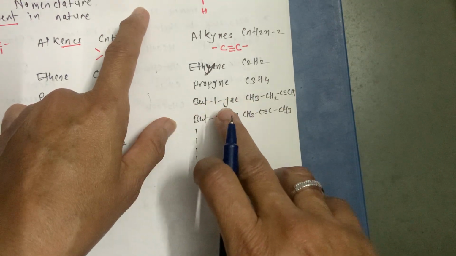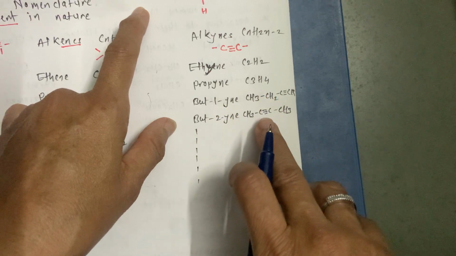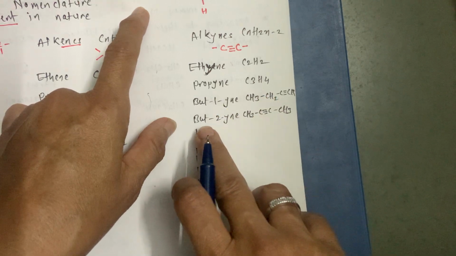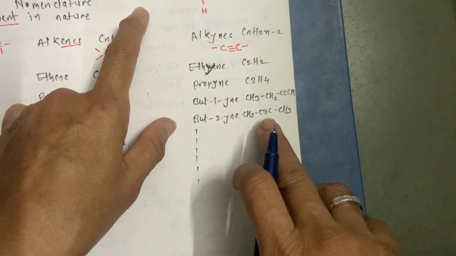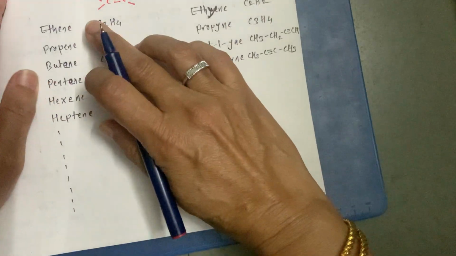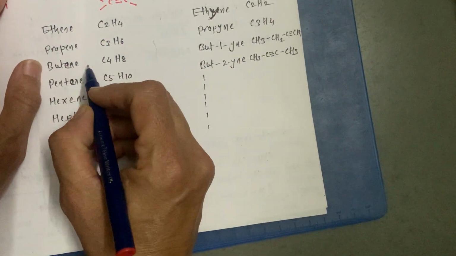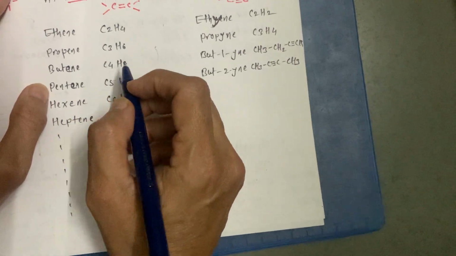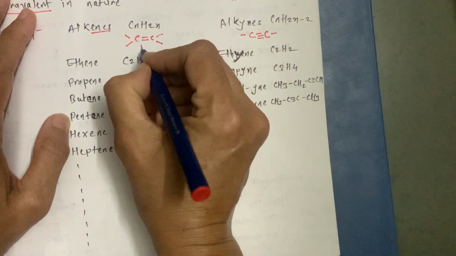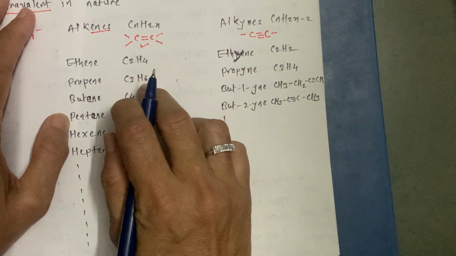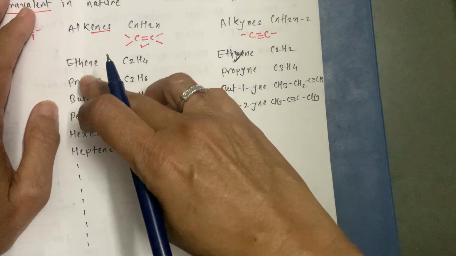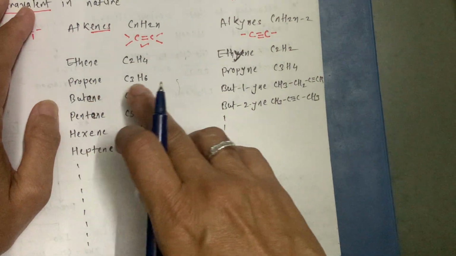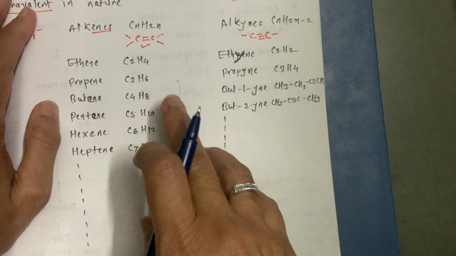So it is but-1-yne, or if the triple bond is on the second carbon atom, then it is but-2-yne. Similarly in alkenes we can write but-1-ene or but-2-ene depending upon the position of the double bond, and we can find different isomers with different parent alkenes.